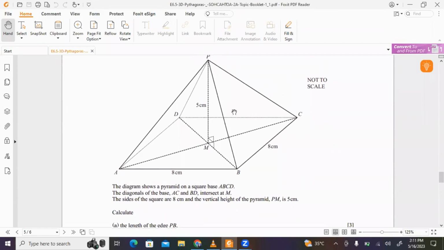So what we can do is first find the length of the diagonal. Since this is 8, this is 8, we can use Pythagoras again on the square base. So AC squared equals 8 squared plus 8 squared, which is 64 plus 64, the square root of 128.